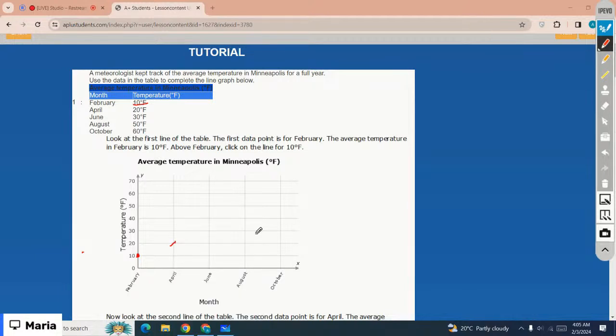June is 30 degree F. Here is June and here is 30, right? Match it to the x-axis and y-axis both. And then you have August, that is 50 degree. Here is 50. And then you have October, that is 60 degree F. So here is 60 degree, right? So just make a line and join them.